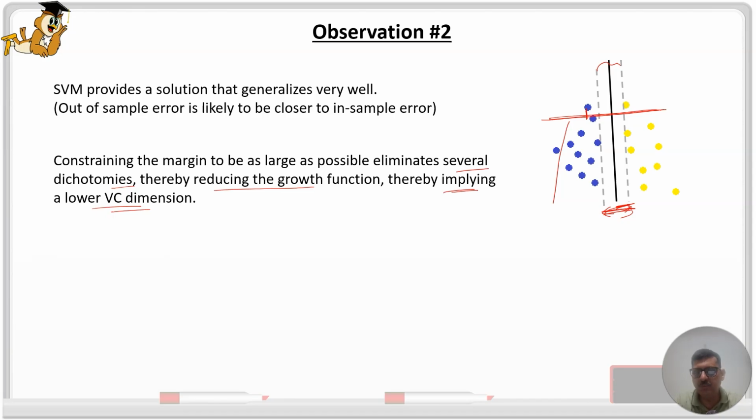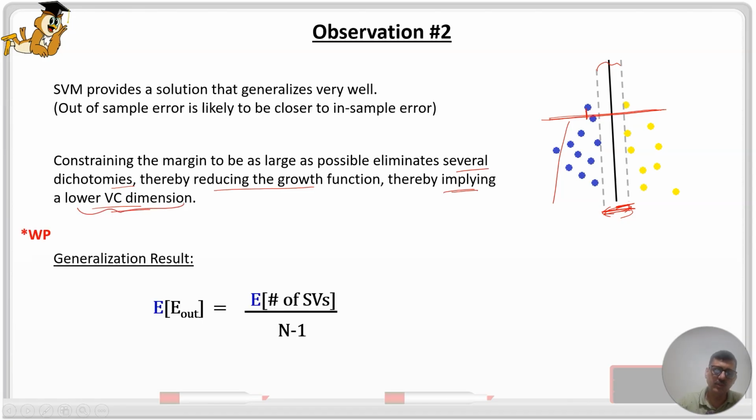It means a lower number of variables and therefore better generalization. So that is the theoretical reason. I have not gone into the proof, but that is why theoretically the SVM generalizes very well: you are looking at a lower VC dimension.